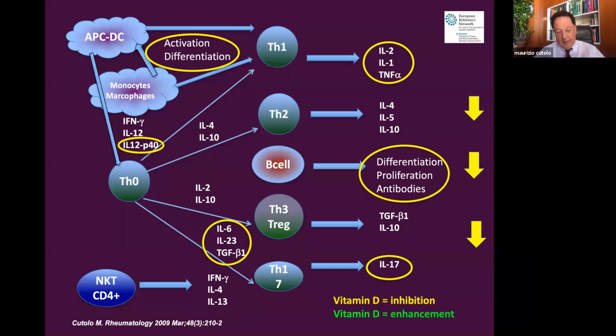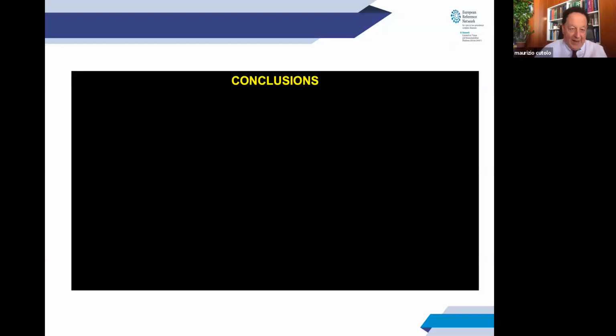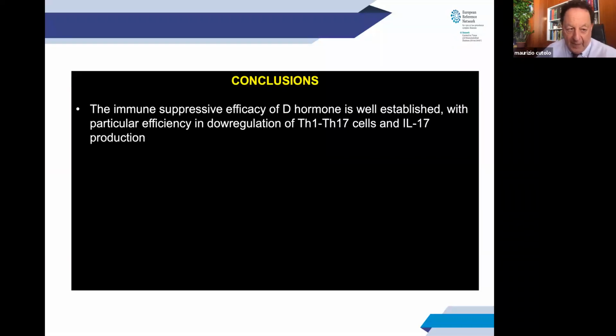At this point, we can say in conclusion that for sure the immunosuppressive efficacy of the D hormone is now quite well established in normal subjects, in patients with connective tissue disease, and in its action on the immune system. And especially it is clear how the sun improves psoriasis.